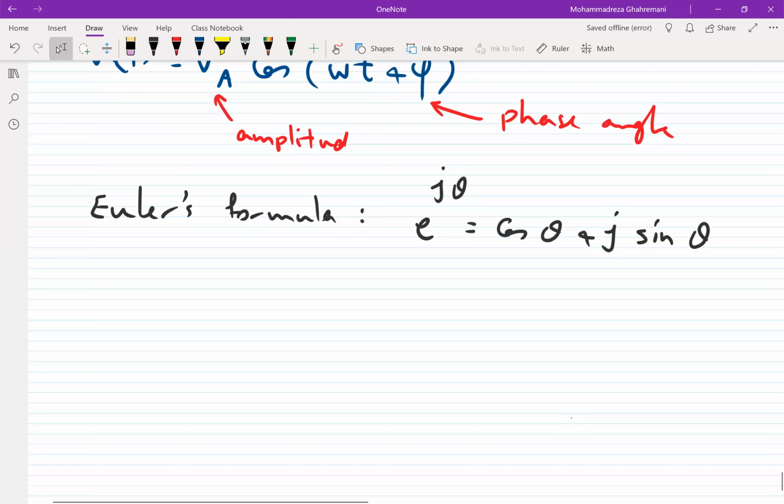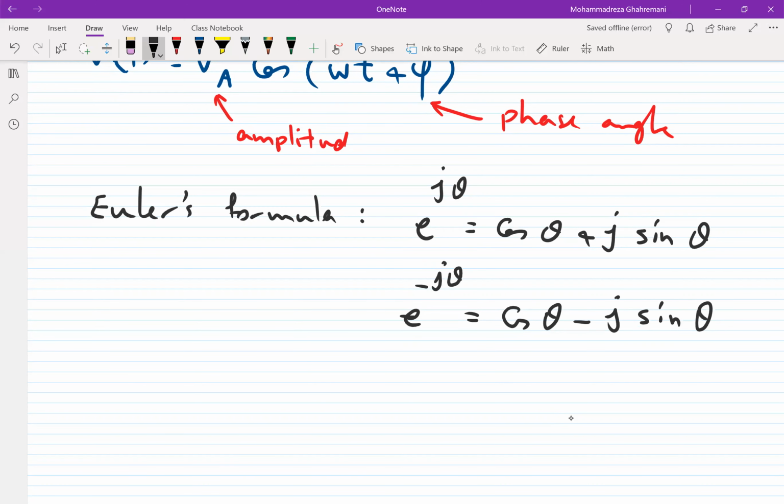Okay, and of course e to the power of negative j theta is equal to cosine of theta minus j sine of theta.